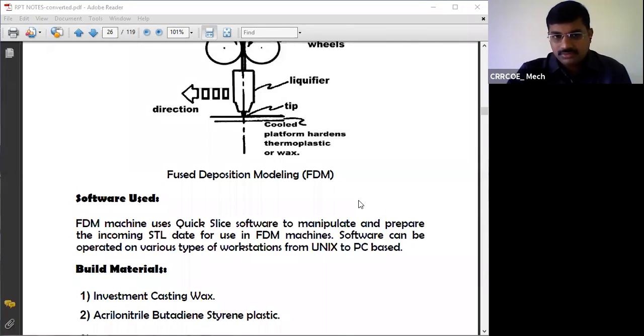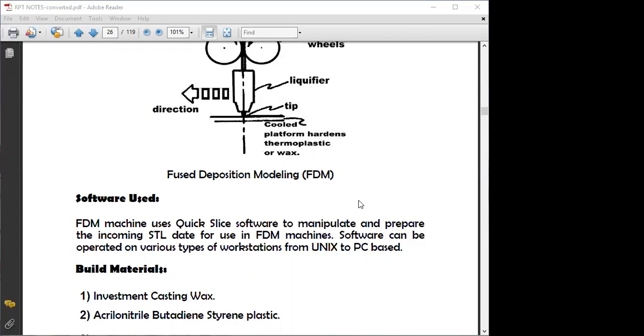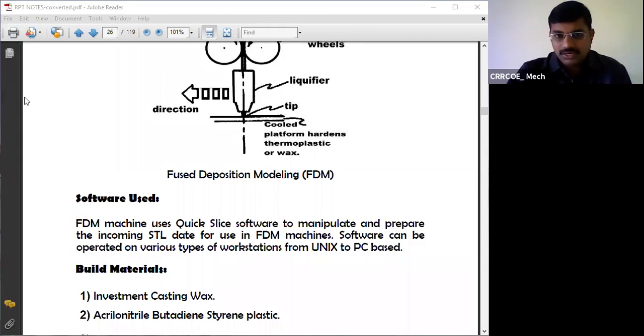Forty-three, are you there? Unmute yourself. Have you seen MIG welding, the metal inert gas welding process, in the lab? Hello? Forty-three.